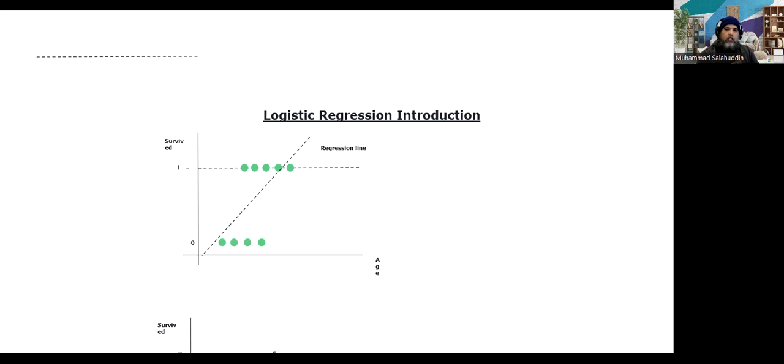Now, coming back to logistic regression, like I mentioned, we have a new concept called probability. Let me write it down here. Probability is the chances for occurrence of a particular event.